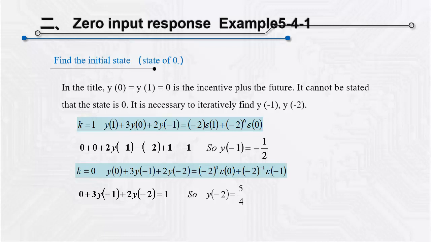We can use the iterative form of the difference equation to solve iteratively. You can see that this is the expression. So let's figure out the values of y(-1) and y(-2).